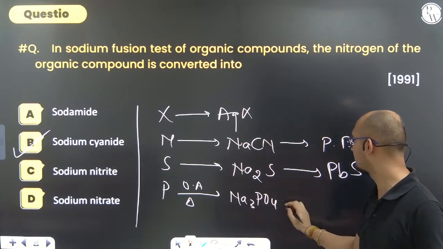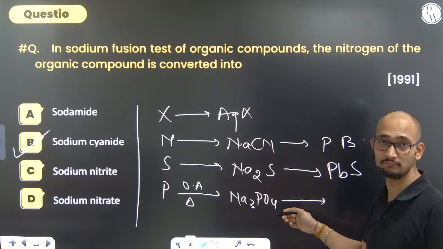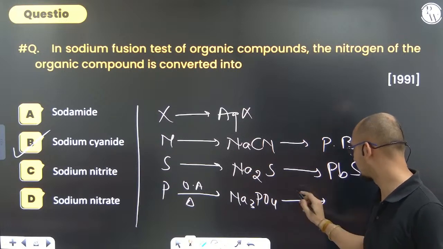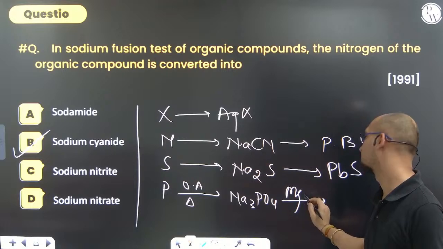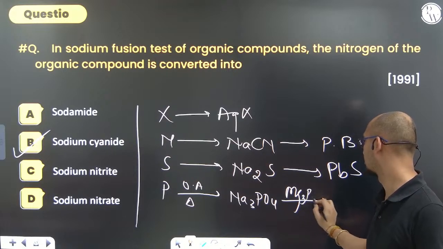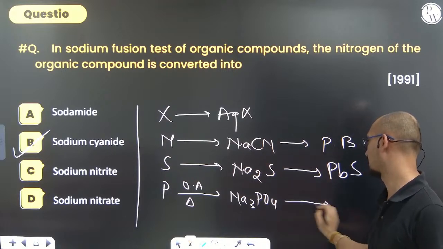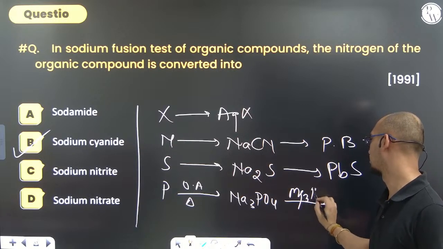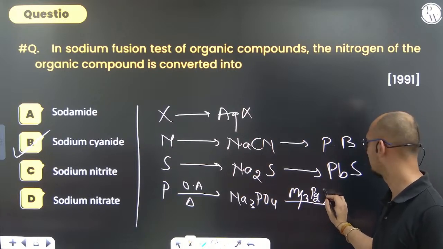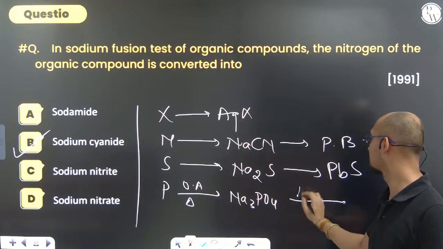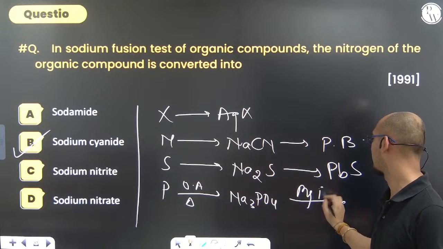Sodium phosphate can be reacted with magnesium mixture to give Mg2P2O7, basically magnesium pyrophosphate.